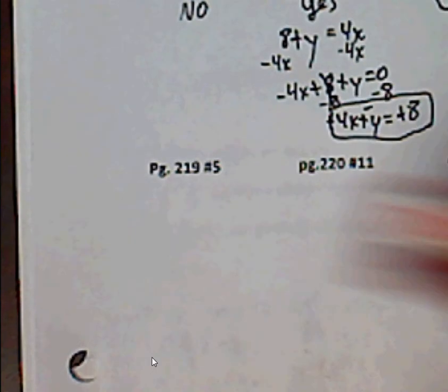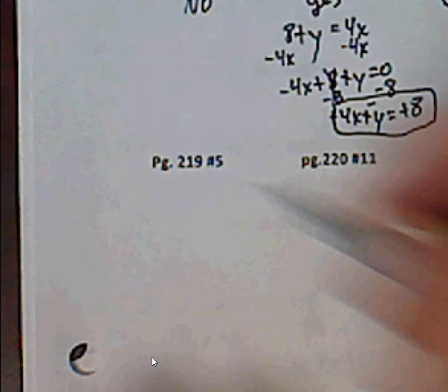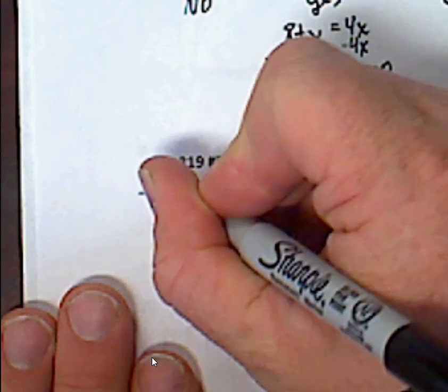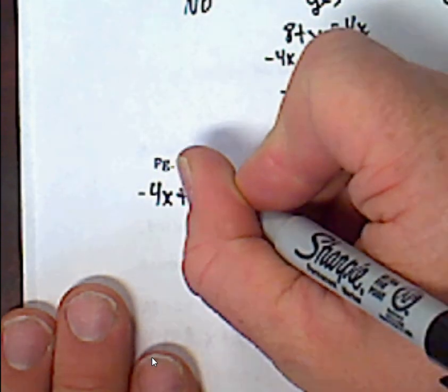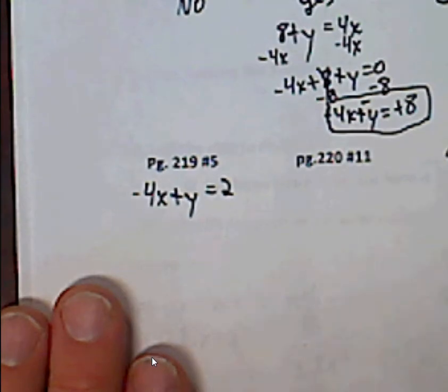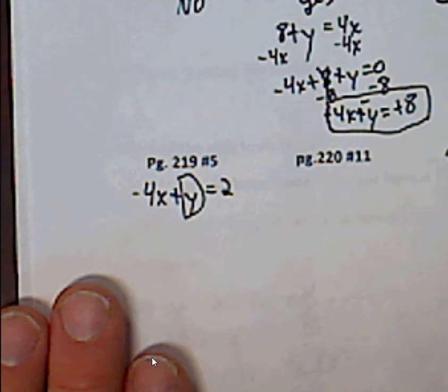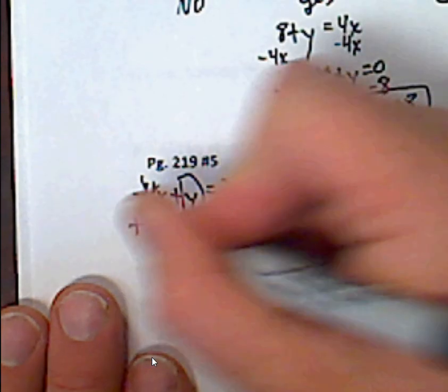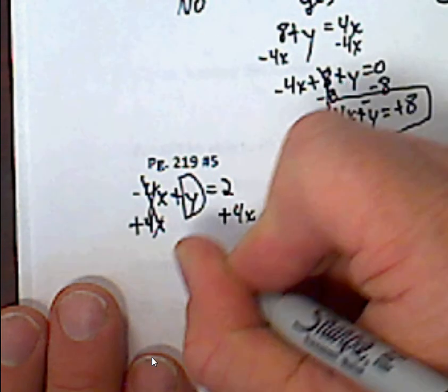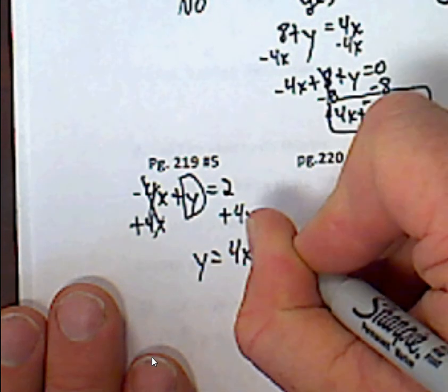Page 219, number 5. Pause the video and try. Number 5, they give me negative 4x plus y equals 2, and they tell me to graph. Well, when I like to graph, I always like to get the y by itself. So I'm going to add the 4x to both sides, and I get y equals 4x plus 2.